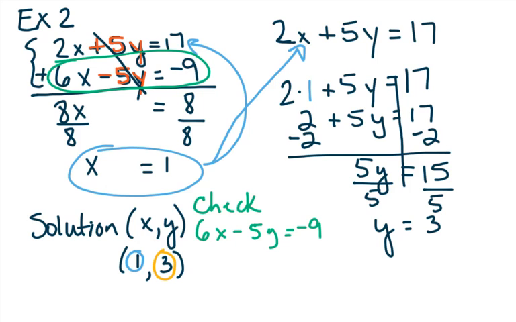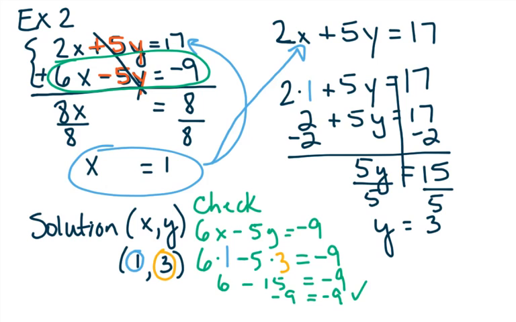So my equation is 6 times 1 minus 5 times 3, and that should equal negative 9. Let's make sure it does. 6 minus 15, and that does equal negative 9. Negative 9 equals negative 9, so yes, that's right, which means my solution again is the point (1, 3).